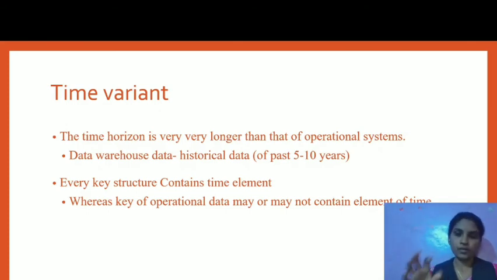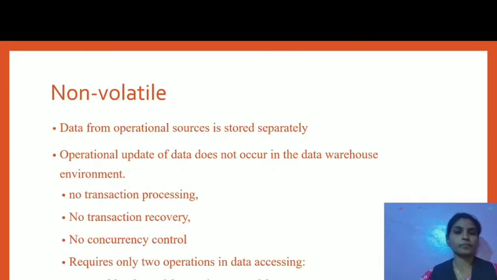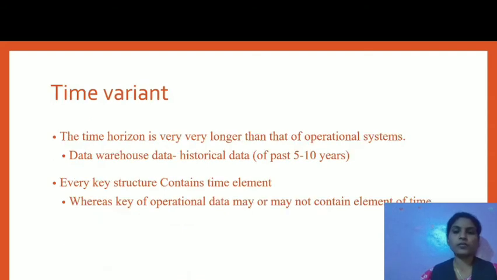The data warehouse stores the data for longer period of time, 5 to 10 years. So here you say we collect the data from relational databases, flat files, that is the operational data. Right, it is operational data, but when we store it for longer period of time, it becomes historic. So the data warehouse deals with the historical data.